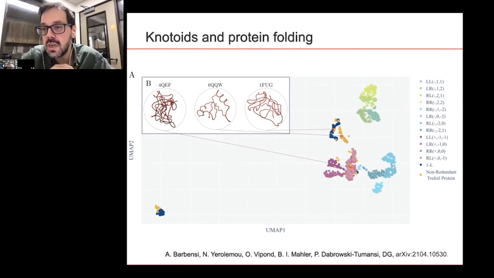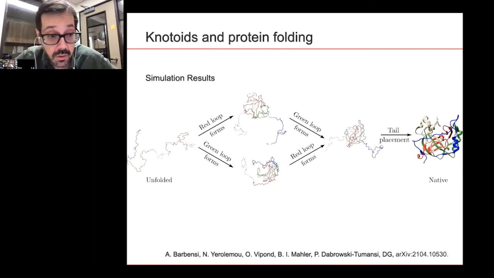We didn't consider any interactions between amino acids, and we thought that this is quite enough to describe the folding mechanism. So what we did is that we unfolded the protein. Actually, our colleague Pavel Dabrowski did it. So he unfolded the protein in a nice way. I will spare the details, but I can come back if needed.